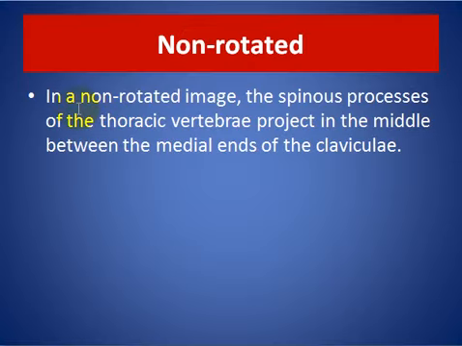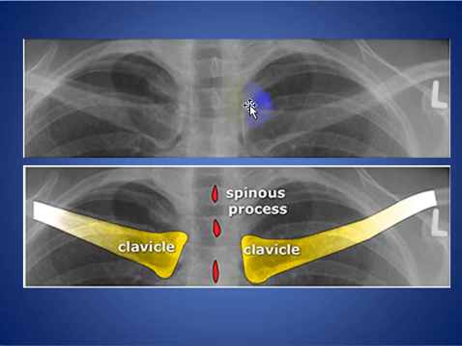Non-rotated: we should also put the patient in a central position without rotation. In a non-rotated image, the spinous processes of the thoracic vertebrae project in the middle between the medial ends of the clavicles. As we see here, this is the medial end of the clavicle, and these are the spinous processes.